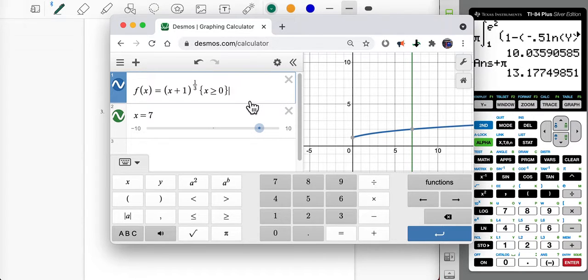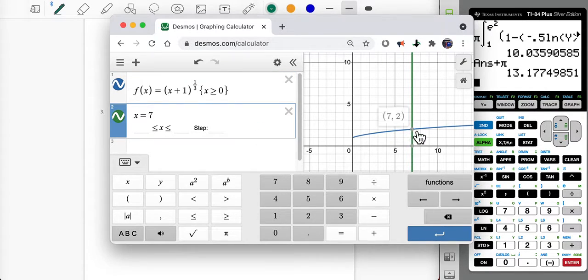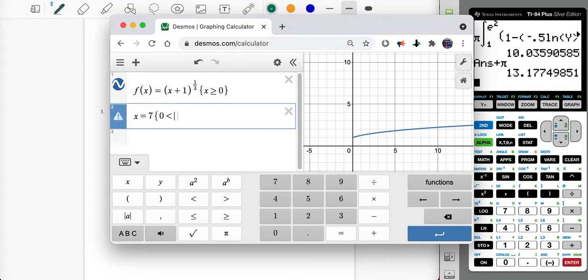Now, if you really want to get crazy with this, what you can do is restrict your line so that it goes only from the x-axis to the curve itself. In which case, I would be saying that y is starting, well, it's got to be greater than or equal to 0, so 0 is less than or equal to y, and y itself has to be less than or equal to f of x.